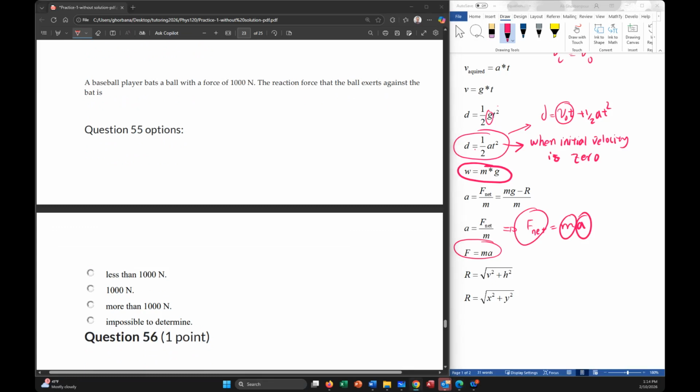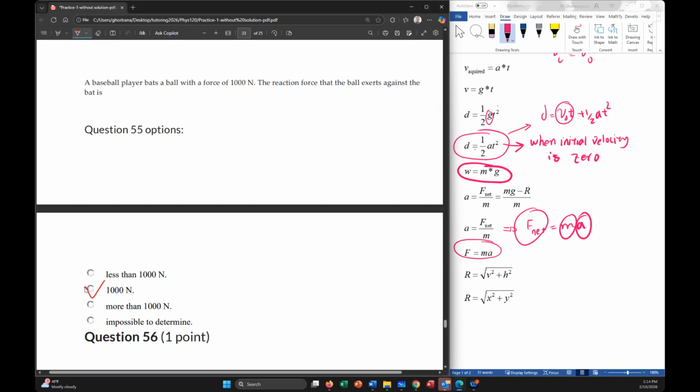You are exerting force on the ball with the bat, and the ball exerts the same force in the opposite direction. If you are exerting 1000 Newton, the ball exerts exactly the same, 1,000.